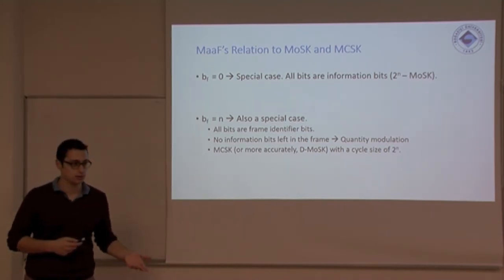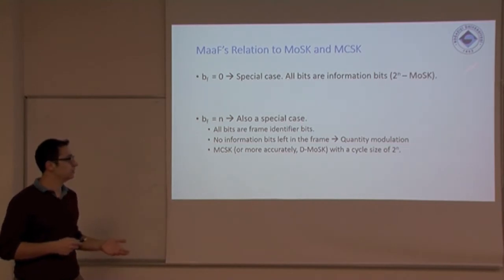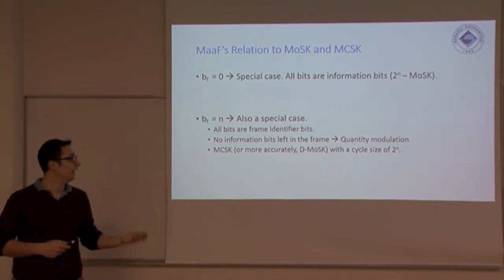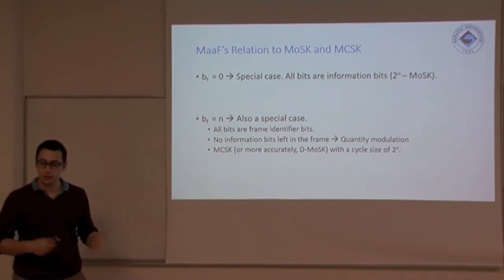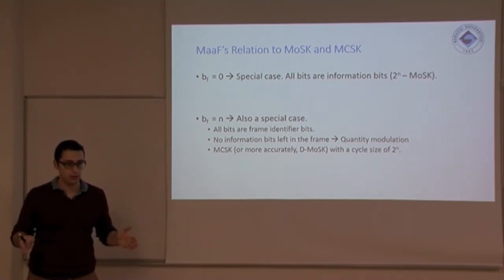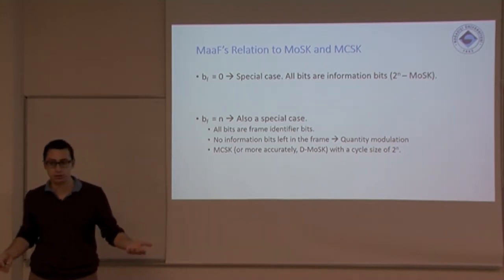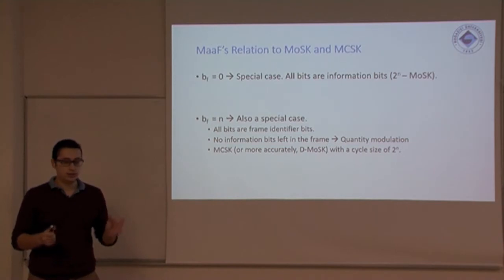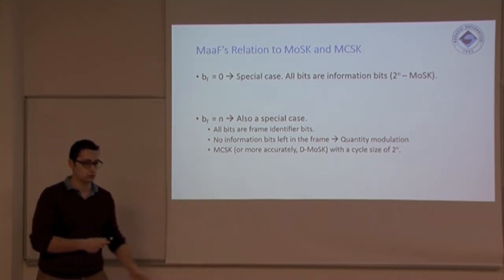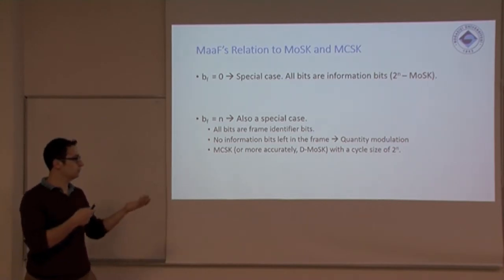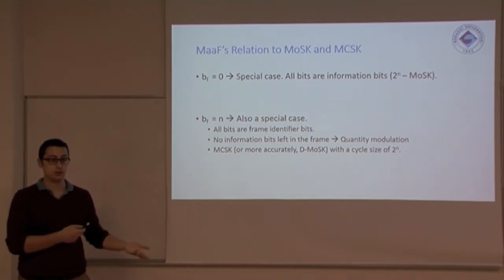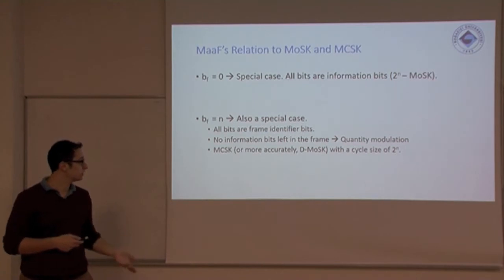This is a special case, and this corresponds to having 2 to the power n-ary MoSK. So we have n different bits, so essentially 2 to the power n different types of molecules, and we can assign n-bit information strings to each one of these 2 to the power n molecules, and this is exactly what 2 to the power n MoSK is.